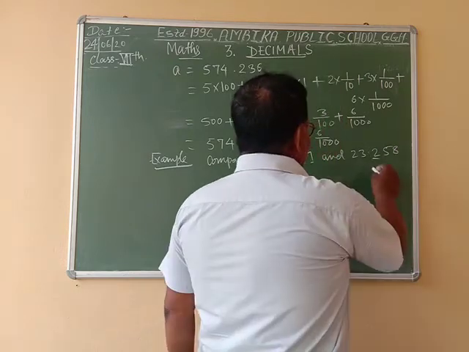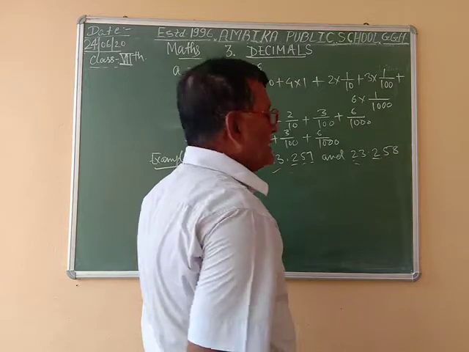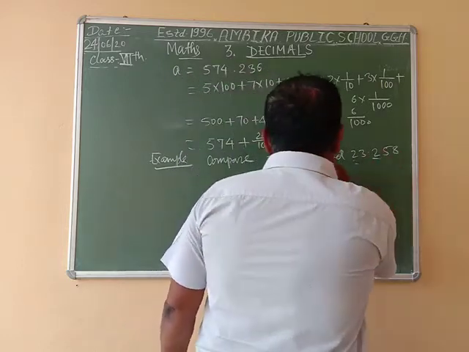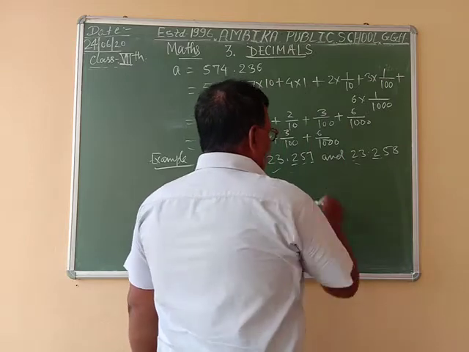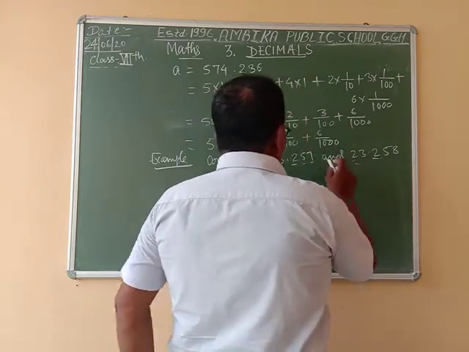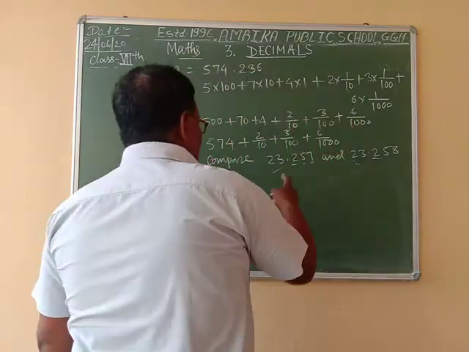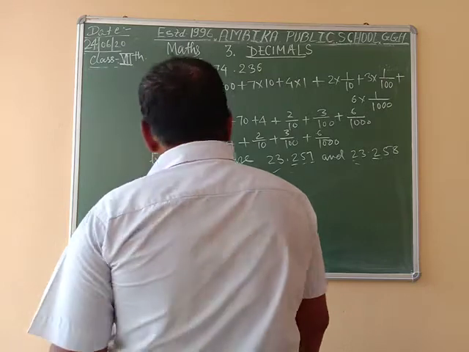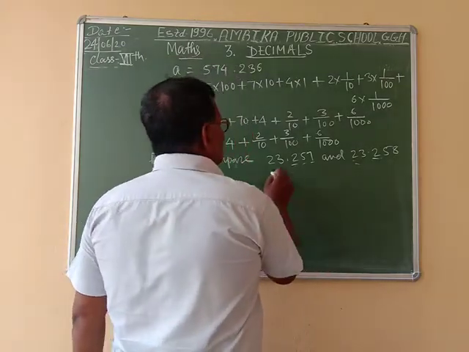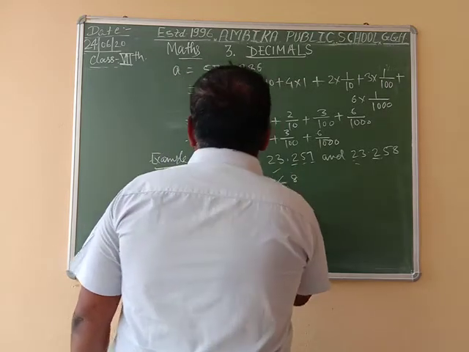Here we see that the integral part is the same in both decimal numbers, and the tenths and hundredths places are also the same in both numbers, but at the thousandths place, 7 is less than 8.